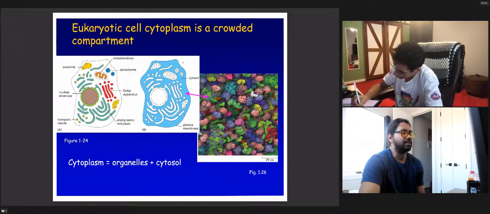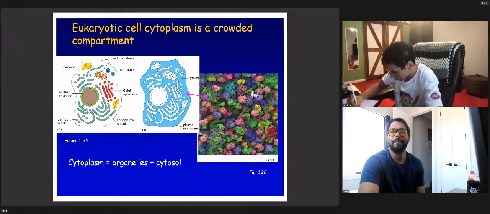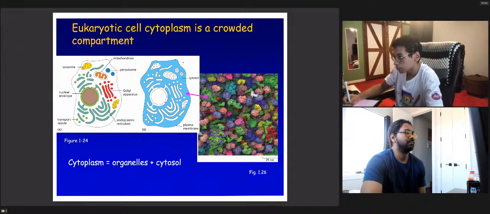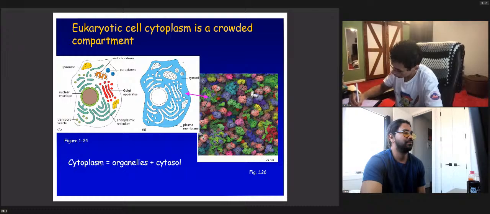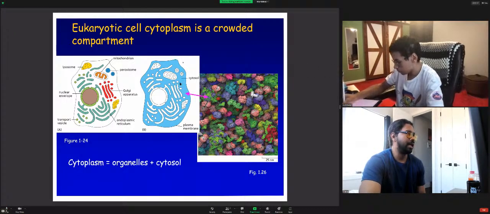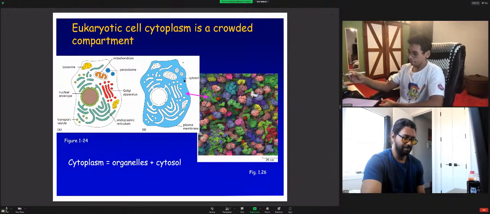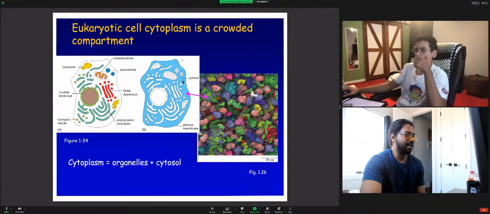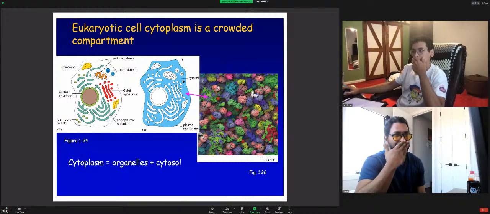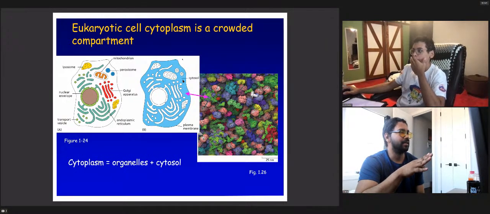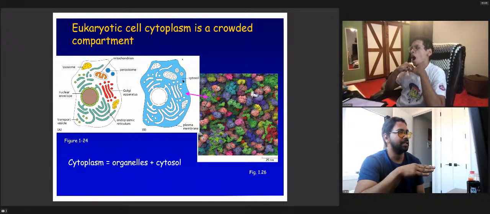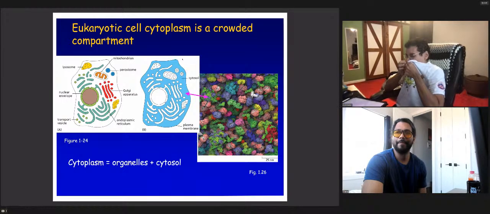Yeah, cytosol plus the organelles. In that diagram, everything on the right side, like B, is that bluish color. See how that isn't including the organelles? So that's just the cytosol. Got it.